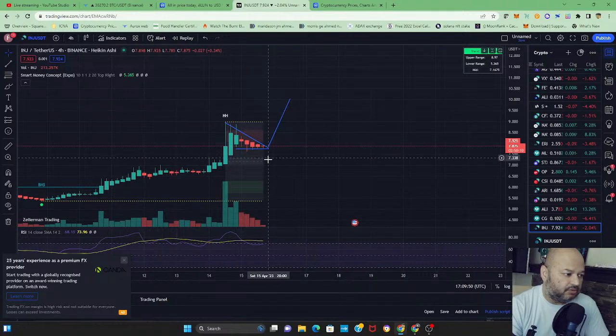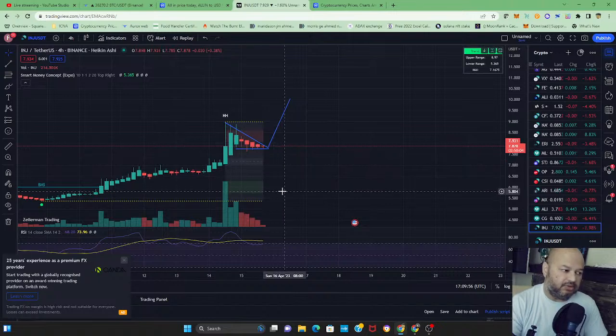But if it could not hold the $7 support, then it can go easily down to the $5 or $6 range, which would be a better buy option, I would say, for anyone who's looking into this coin, getting into a position in this coin.